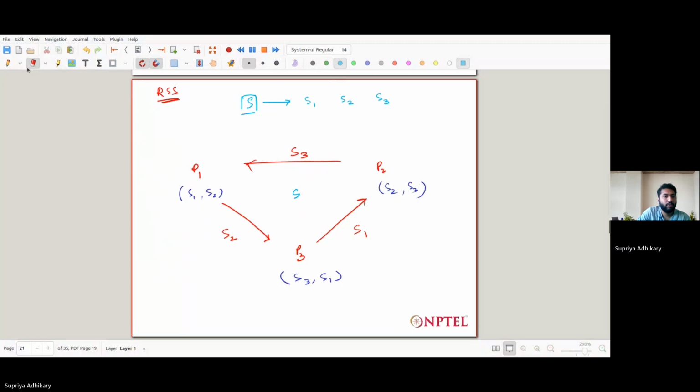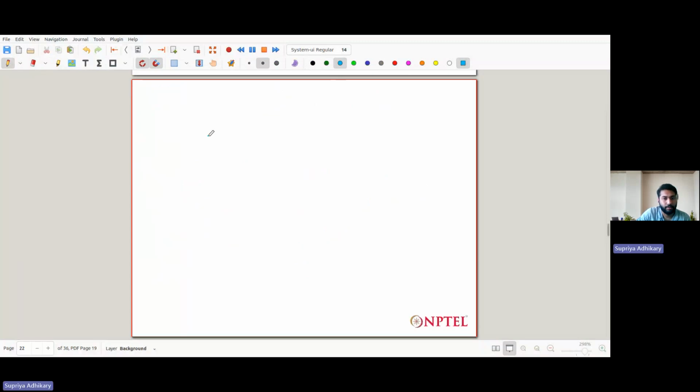So the first thing that we have to take care of is how these three parties, P1, P2, and P3, can have these two shares. Suppose P1 is the one who has S. P1 is the dealer for now.